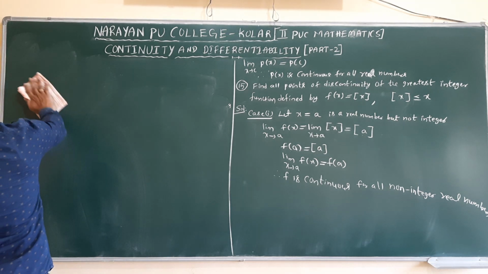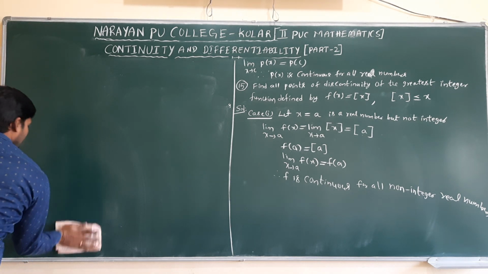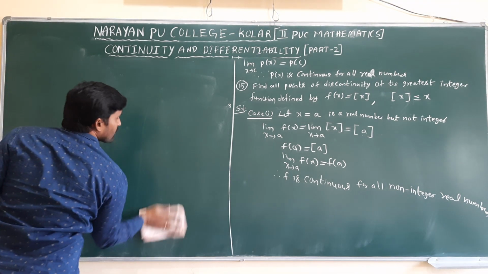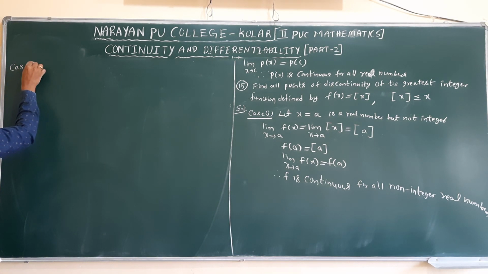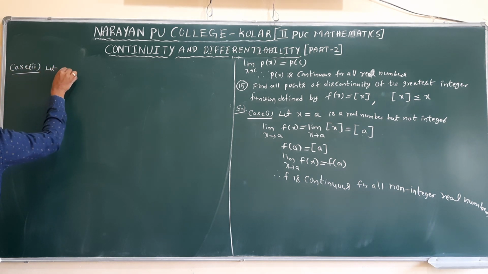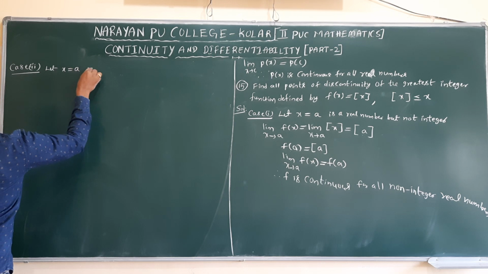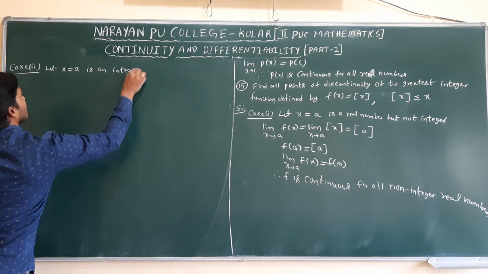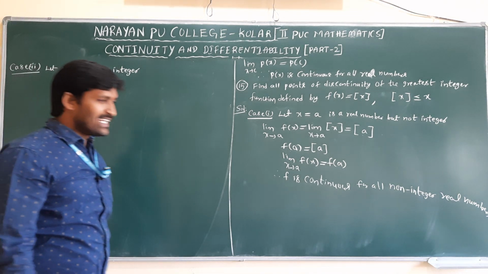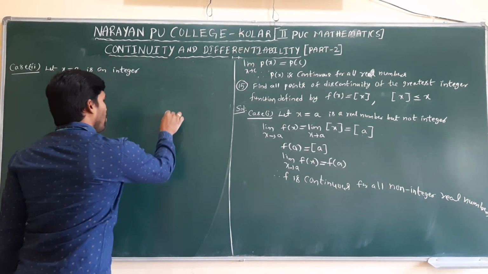Verifying at every point is not possible, that's why we are taking a symbol. Now the second case is: let x equal to a, an integer. But in the integer case, what will happen?